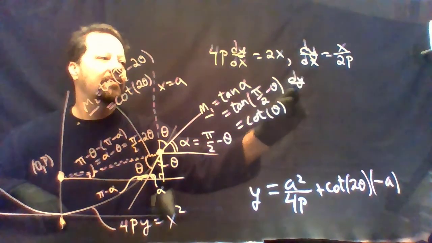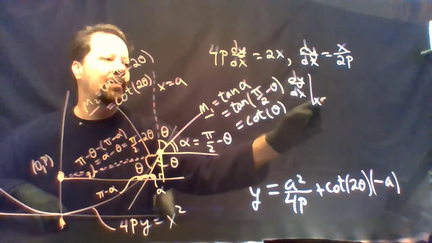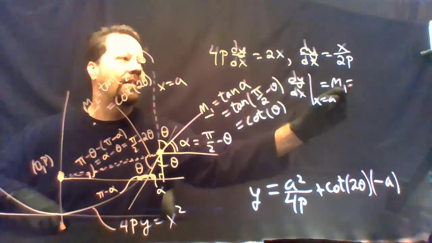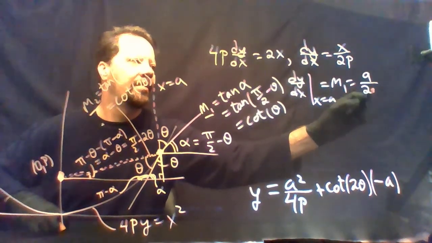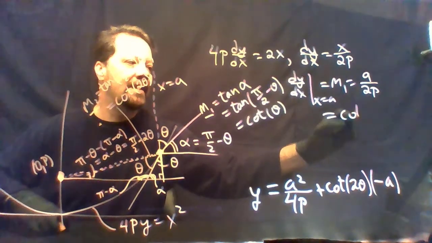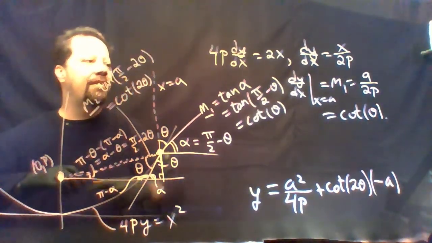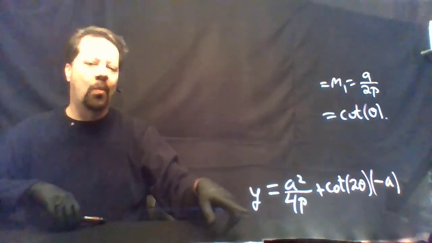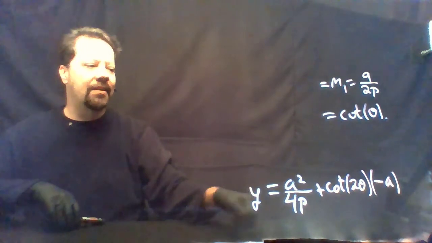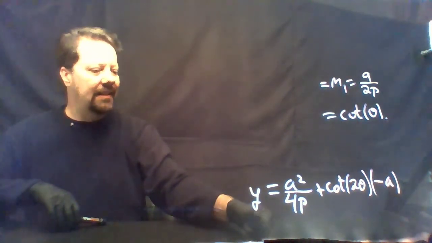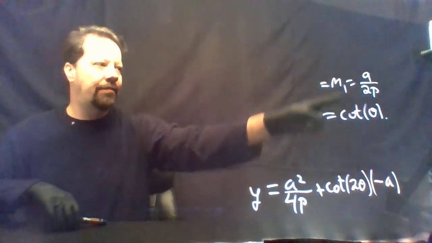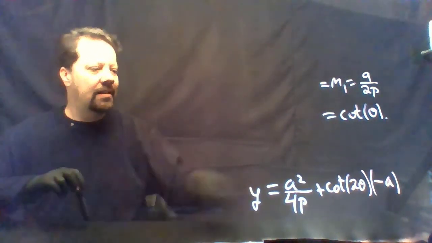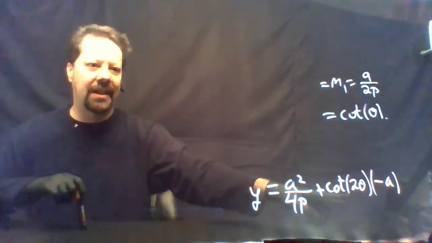Evaluating at x equals a, we have m1, which is a over 2p, keeping in mind that this is equal to the cotangent of theta. We have only to show that this expression for the y-coordinate of the y-intercept of that second line is equal to p, which should follow from this other equation, cotangent theta is a over 2p. So we need a double angle identity for cotangent.